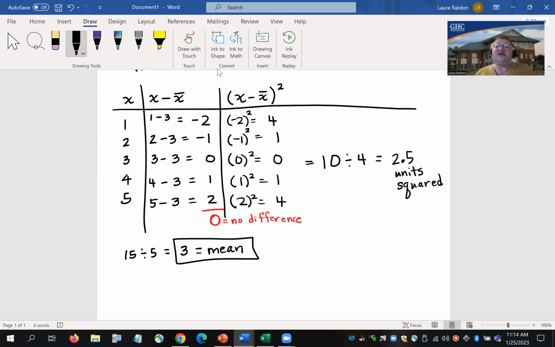Because oftentimes on those reports, it'll tell you your child is in the 87th percentile, or your score was in the 95th percentile.